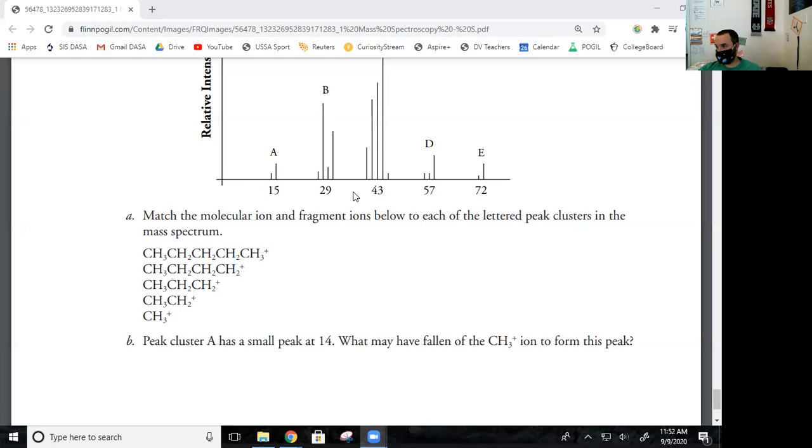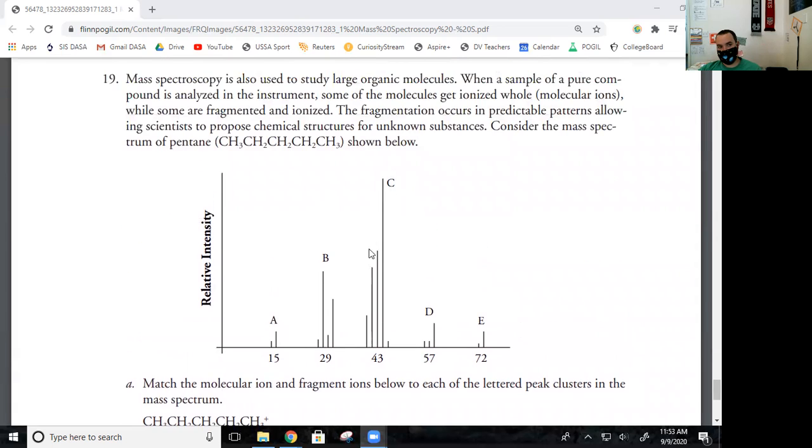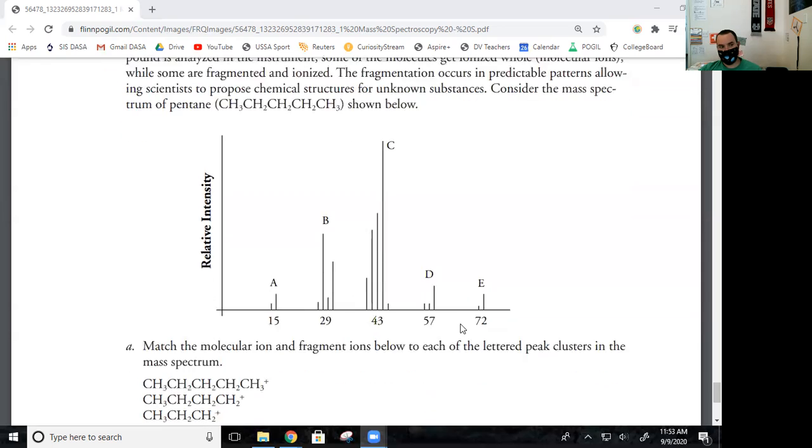So what determines the relative intensity, how much of a return you get for each of these masses? At 43, we get a much higher return than anything else.